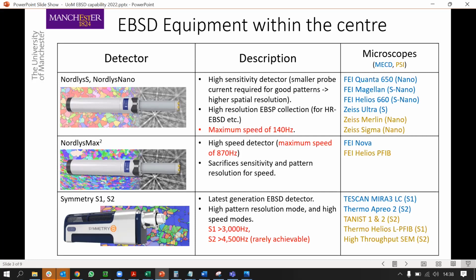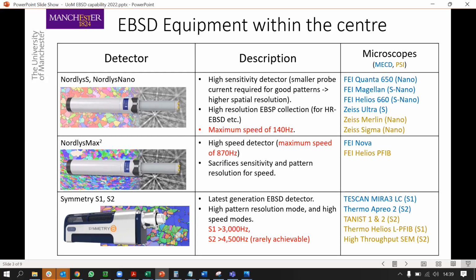So that's particularly useful for 3D studies. And in the last few years, as Ali was saying, the CMOS-based detectors, the Symmetry, have been released. And with those, you kind of get the best of both worlds. You can use them in a sensitive way, although I'd still argue that the Nordlys S is probably still slightly more sensitive than the new detectors, but you can also operate them in a fast way, very fast.